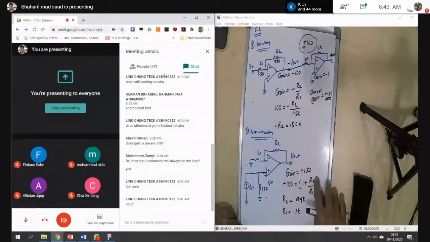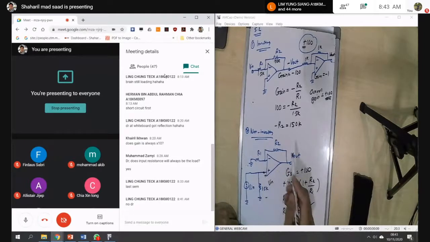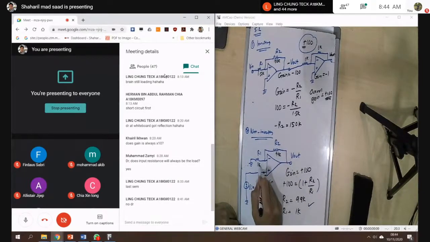So 99 divided by 1 gives 99, plus 1, you get 100. So you draw 99K and this one 1K. Now when you use the non-inverting, yes, you can get positive 100.